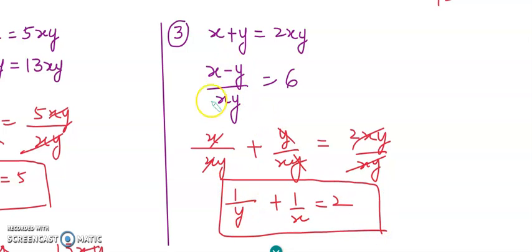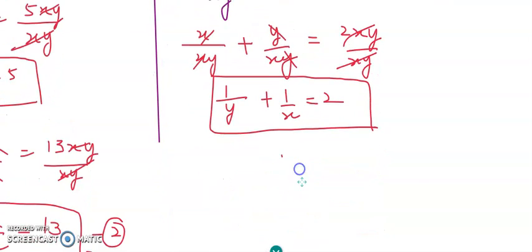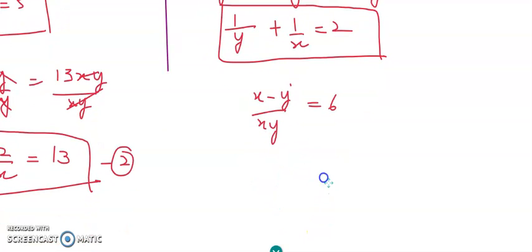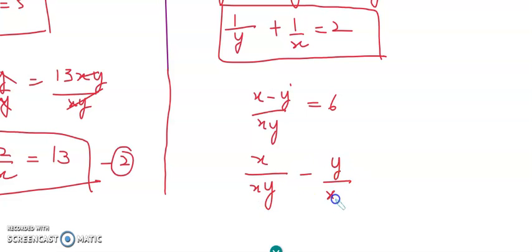Now the second equation, I'm going to take it as individual denominators. I'm not going to divide the whole thing by xy. So my second equation is x minus y upon xy equals 6. I'm going to write it as individual denominators: x upon xy minus y upon xy equals 6.